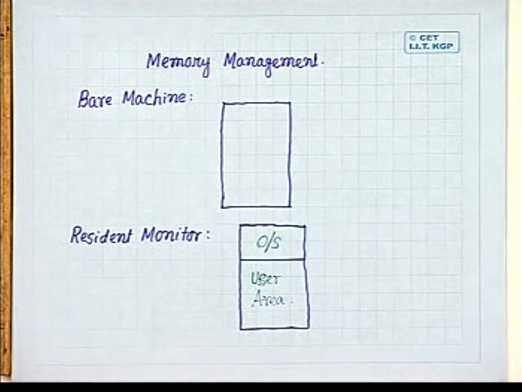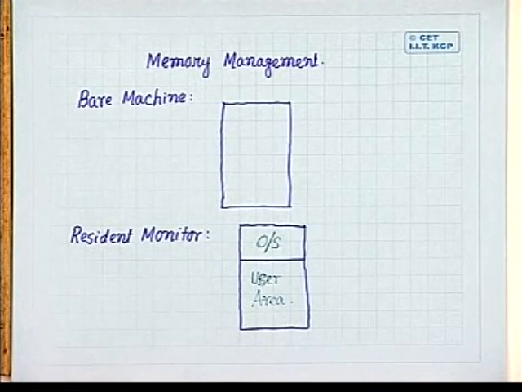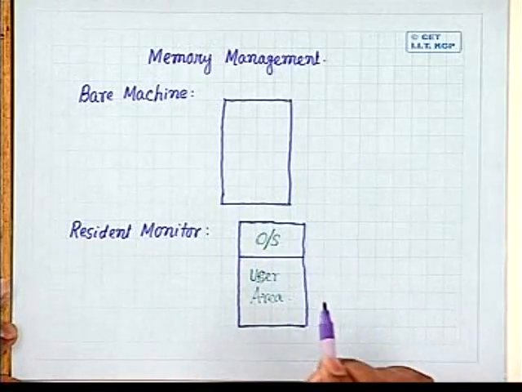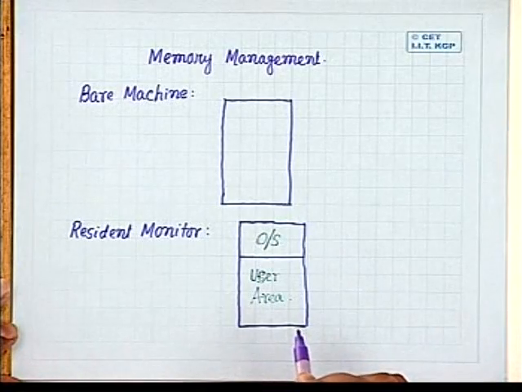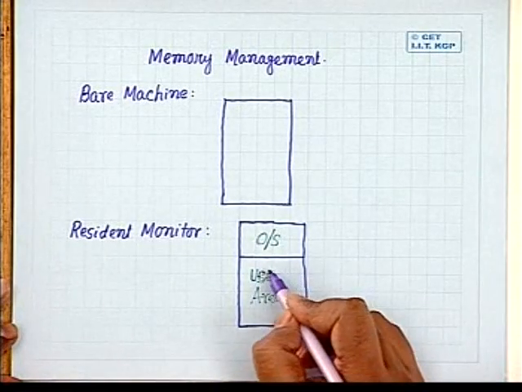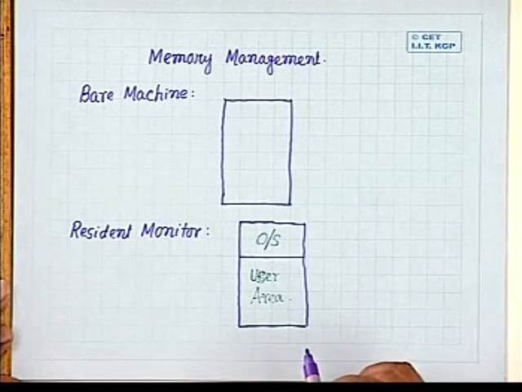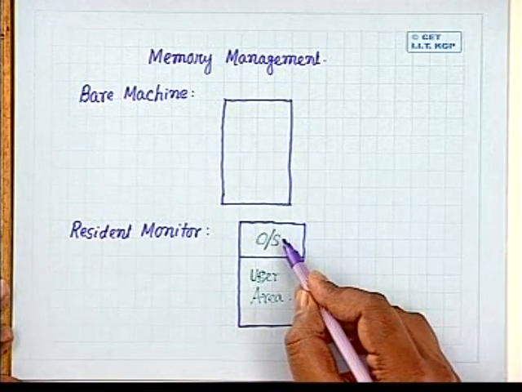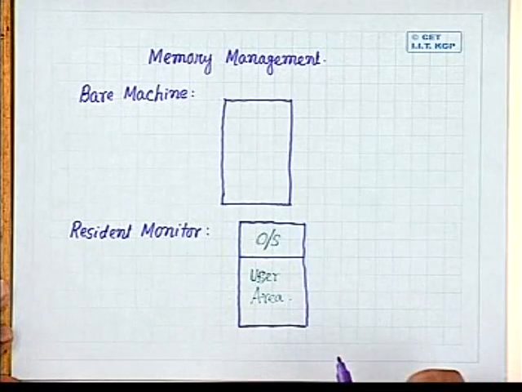So in the case of a resident monitor, we have two partitions in the memory. One is occupied by the monitor part of the operating system, and the other partition is to be given to the users. Now, when the operating system is always loaded in the main memory, there is a danger that when a user program is being executed, the user program may try to access or write something into the operating system area.